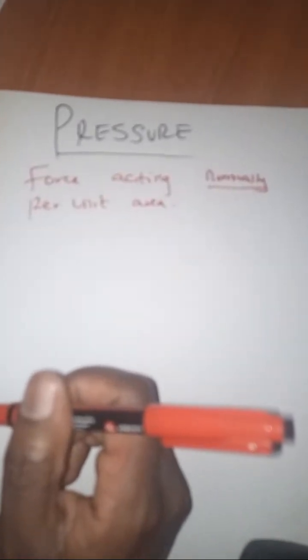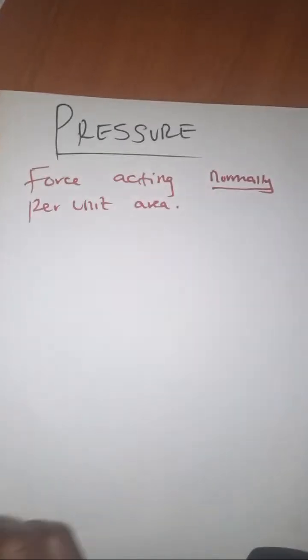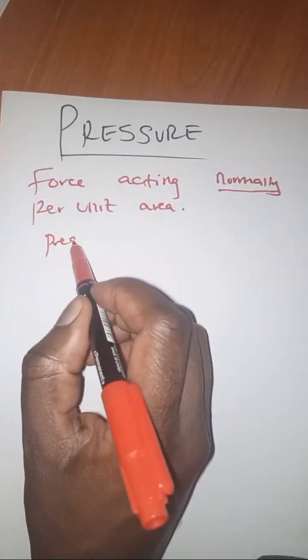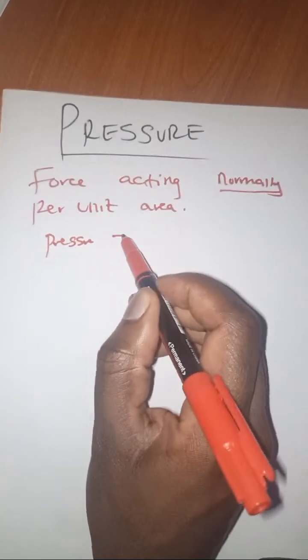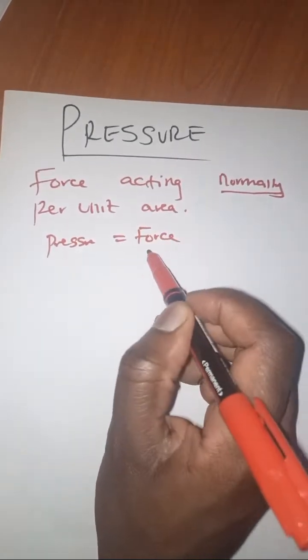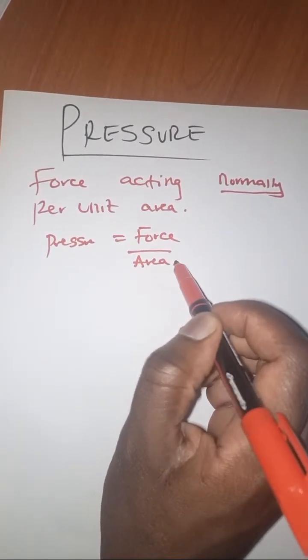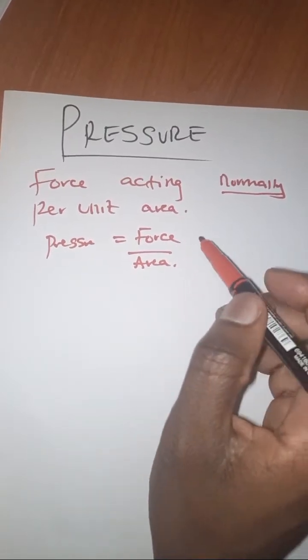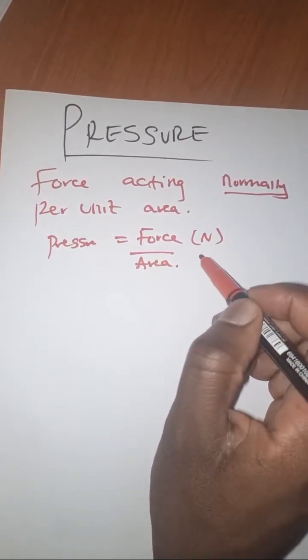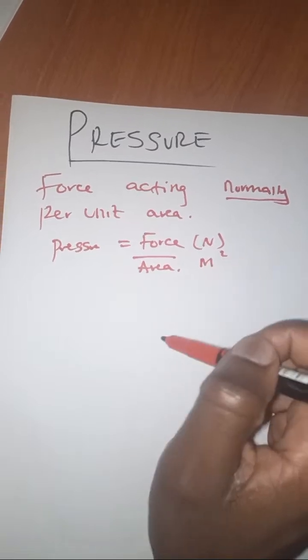Mathematically, when we talk about pressure, this is what we mean: pressure is equal to force over area, where force is in Newtons and area is in meters squared.